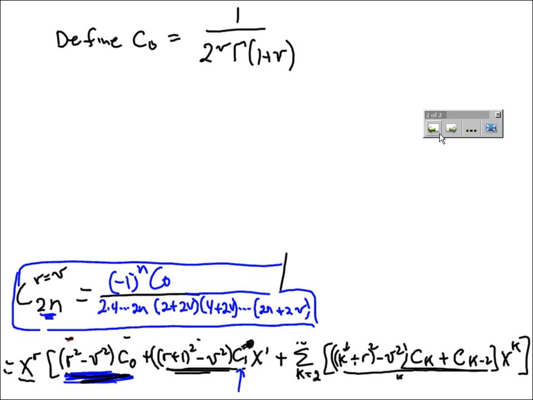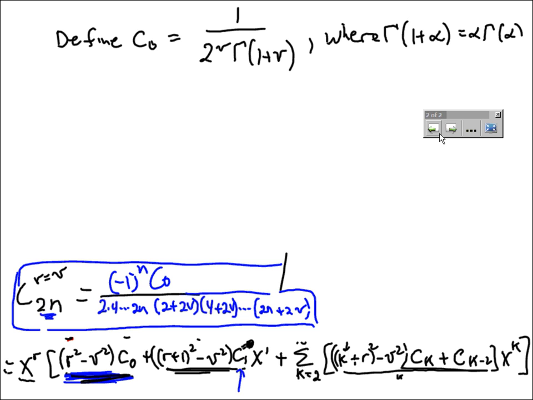But the gamma function is called, where gamma of 1 plus A is, let's see, it's going to be A gamma of A. We have that property for this function.